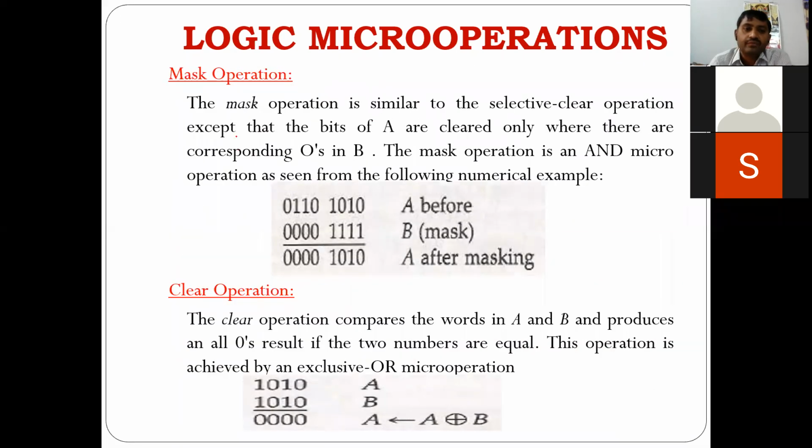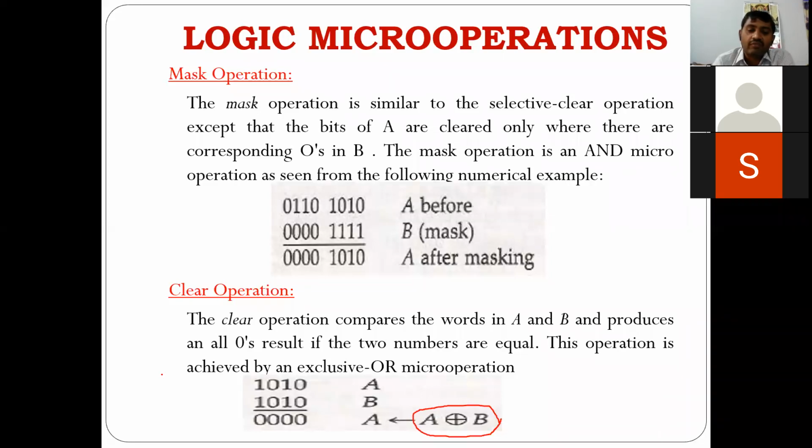Okay, so similarly mask operation. So next is clear operation. Clear operation means that we will be taking an exclusive OR operation. You know that exclusive OR means that when both the bits are at the same level, the output will be 0.